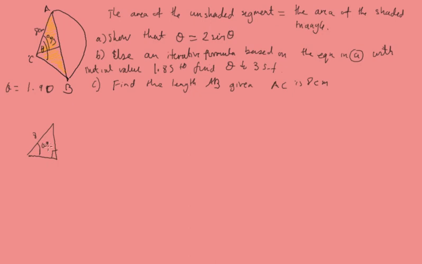Remember, this is in radians, so we can use some simple trig. So we can use the sine of 0.95 is equal to half of AB over 8.